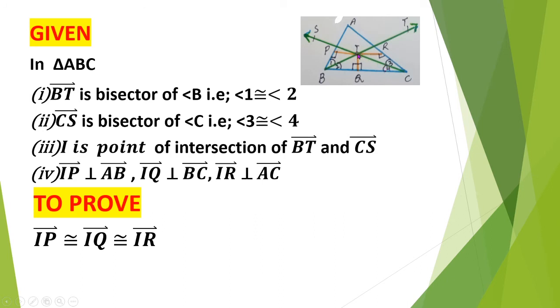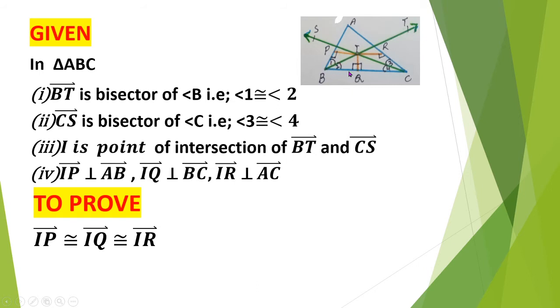Point I is the point of intersection, meaning these two lines are intersecting at this point I, the point of intersection of BT and CS. And we have to prove one thing more: IP is perpendicular on AB, meaning it is making a 90-degree angle.